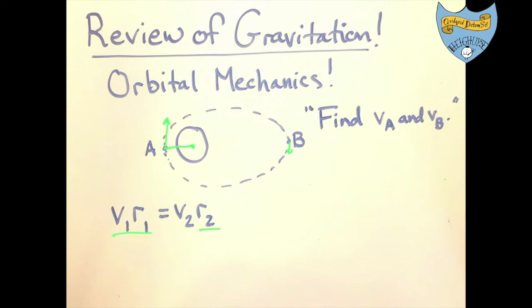That's great, and you plug in what you know. Now if you are only told just the 2 radii, or maybe the 2 speeds, whatever it may be, then you have a little bit more work ahead of you. In that case, you're going to have to also use conservation of energy.